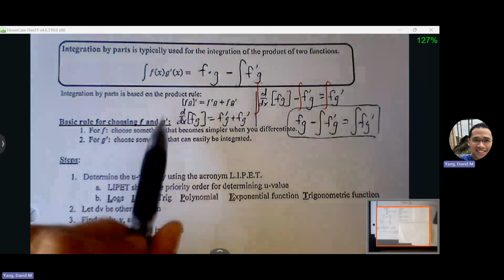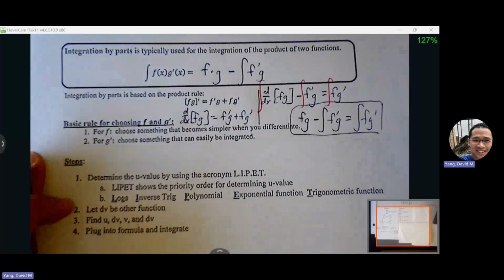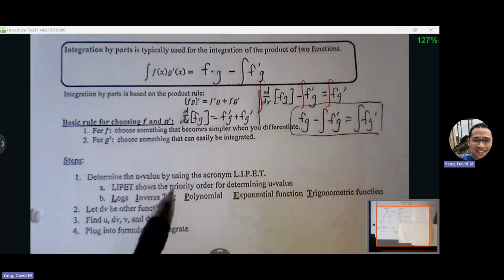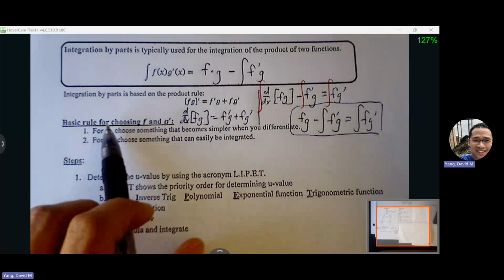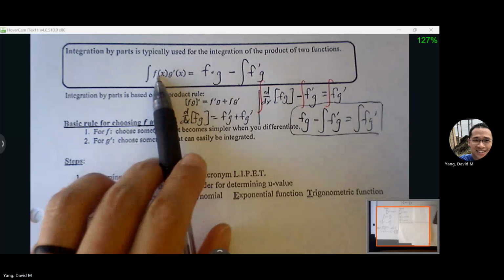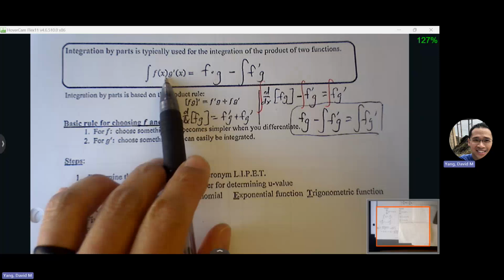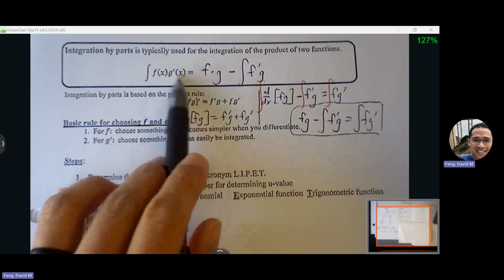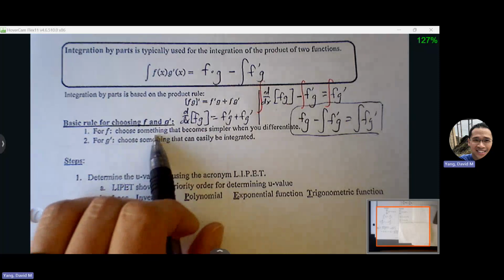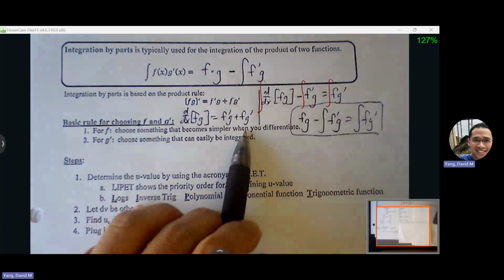So I pulled these notes from another website, and I'm going to show you kind of two different ways to identify certain information here. So the basic rule for choosing f and g prime is if you want to integrate by parts, you have to decide which part is f and which part is g prime, and go from there accordingly. And for f, they say to choose something that becomes simpler when you differentiate.